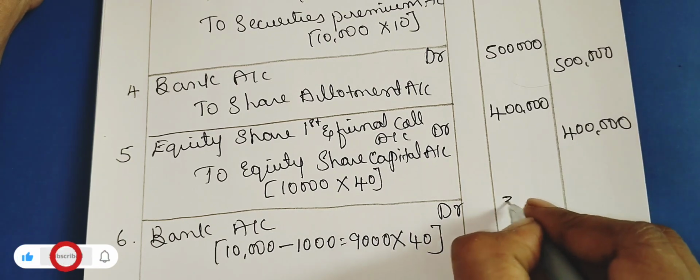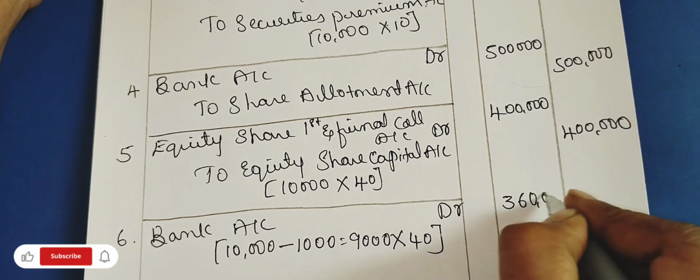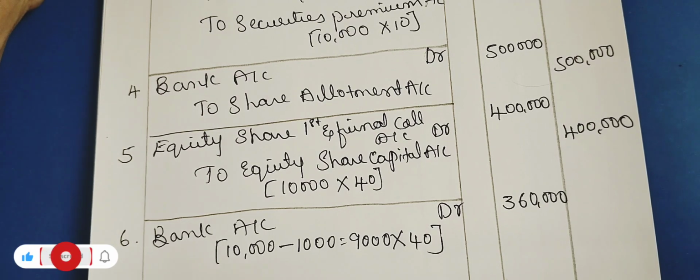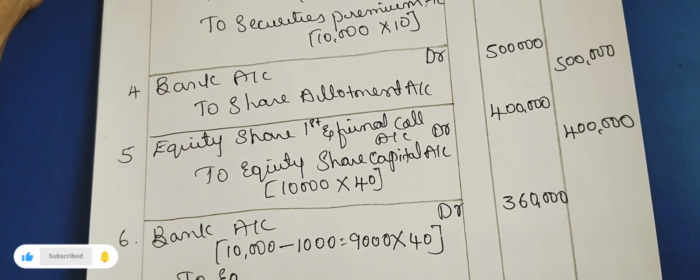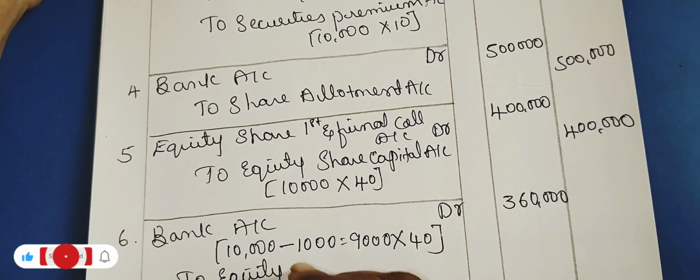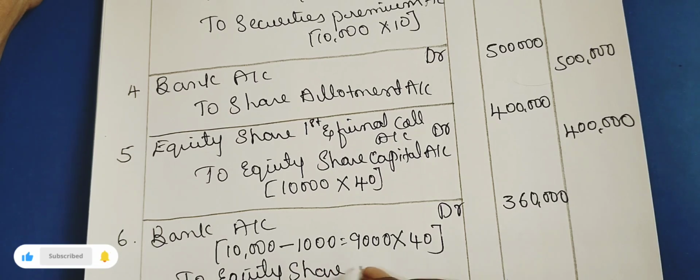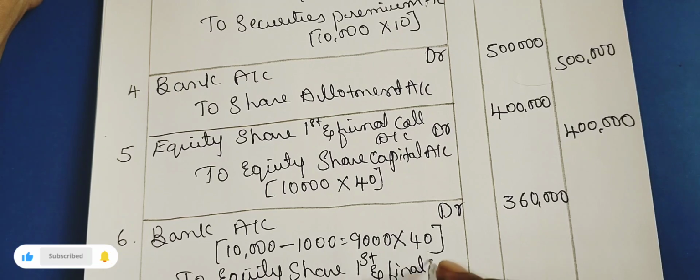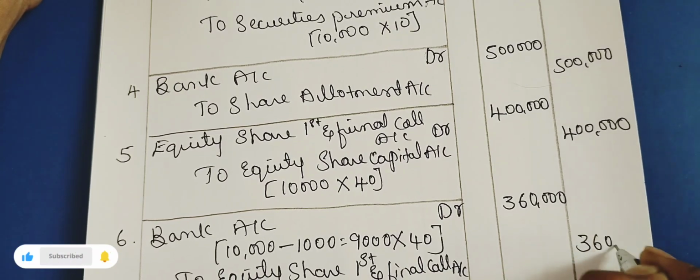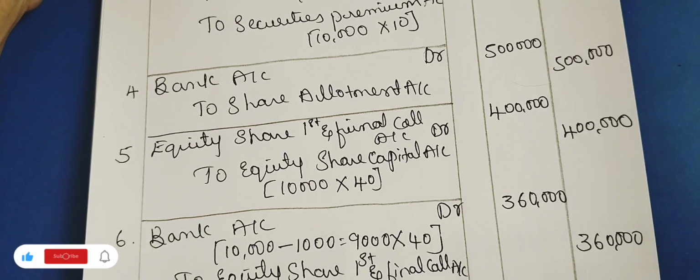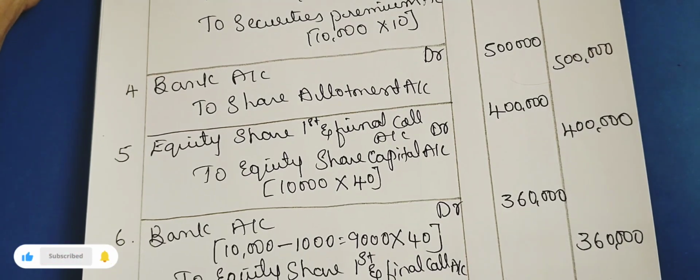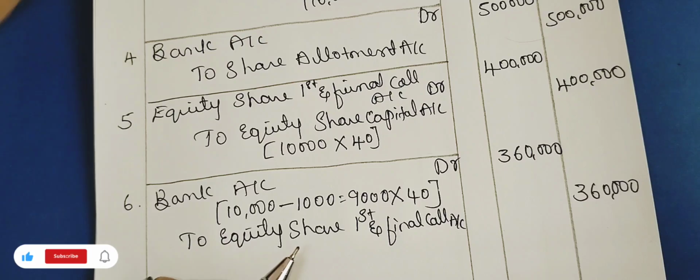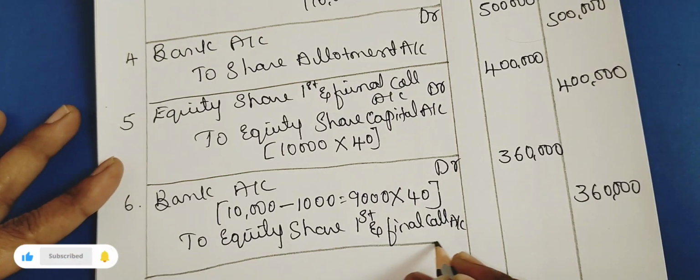So it is 3,60,000, to equity share first and final call account, 3,60,000. Right. I hope you all are understanding.